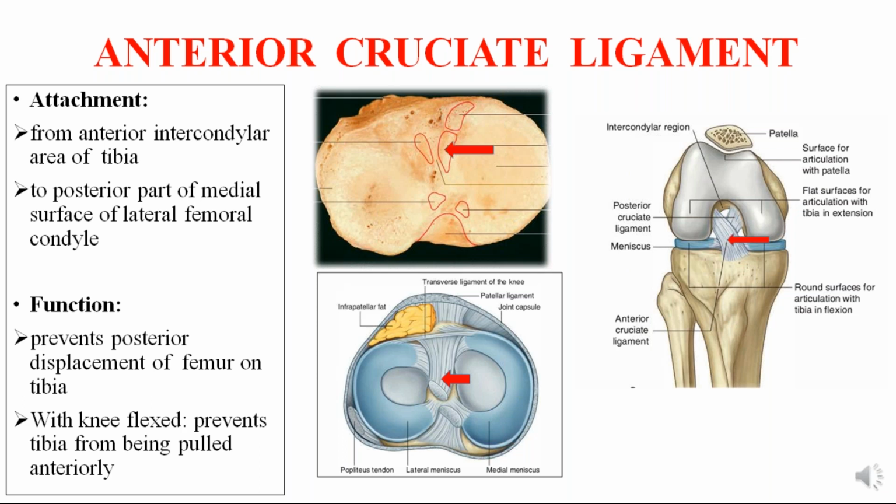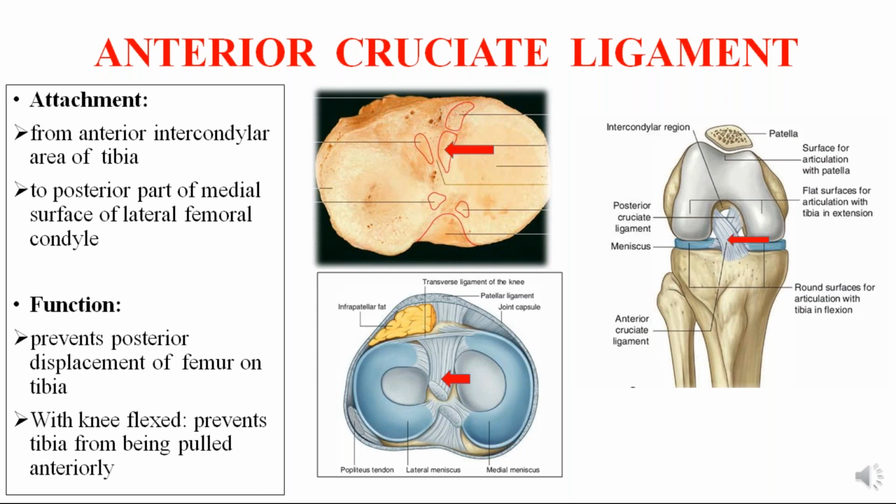The main function is to prevent the posterior displacement of femur on tibia. You can see one end is attached to the tibia, the other end is attached to the femur. So during the range of movement, flexion and extension, they prevent the displacement of femur on the tibia, as well as prevent the displacement of tibia from the femur.